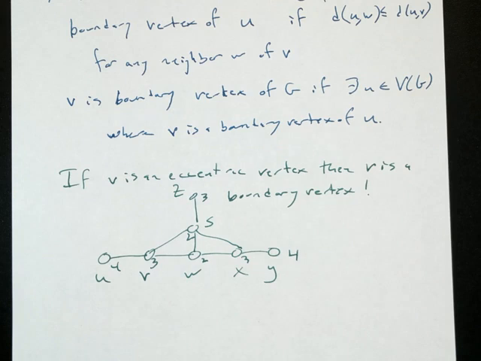W is on the boundary of S. Consider all the neighbor vertices of W. What are the neighbor vertices of W?